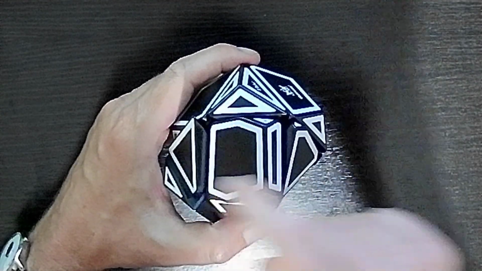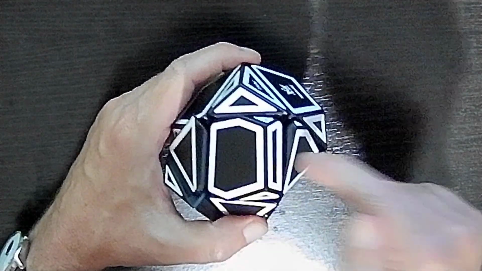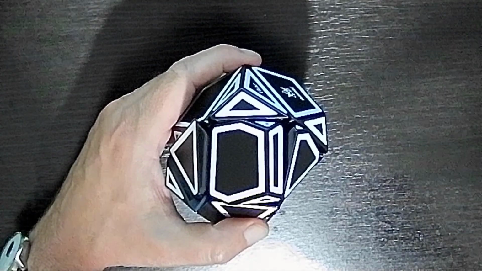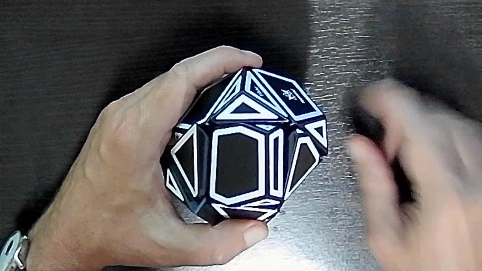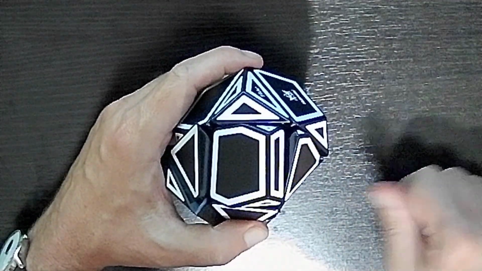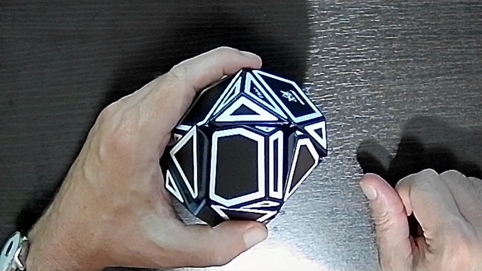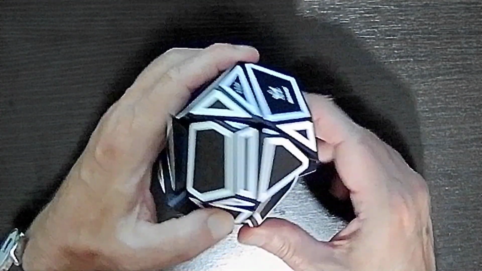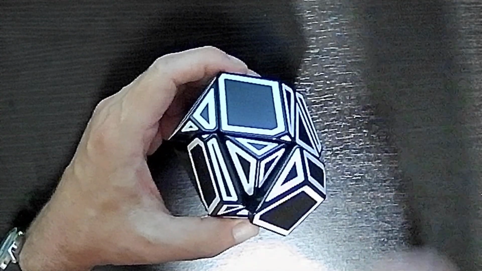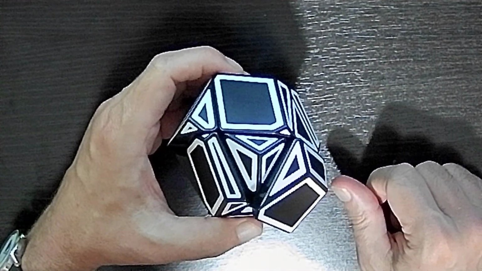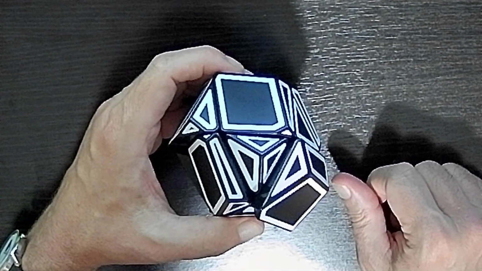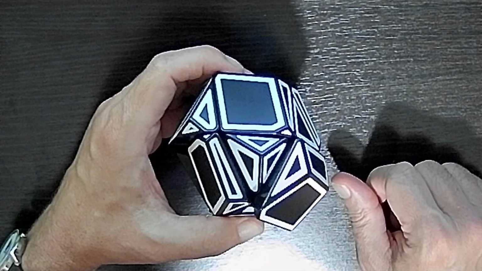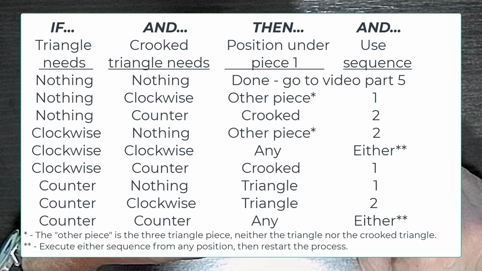I would do one of those two sequences, scramble things up, come back and check again. But in this case, I am done. And so, once again, I'll show that chart once again. And those are the moves.